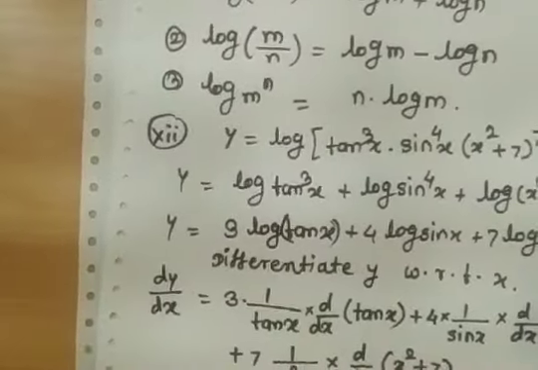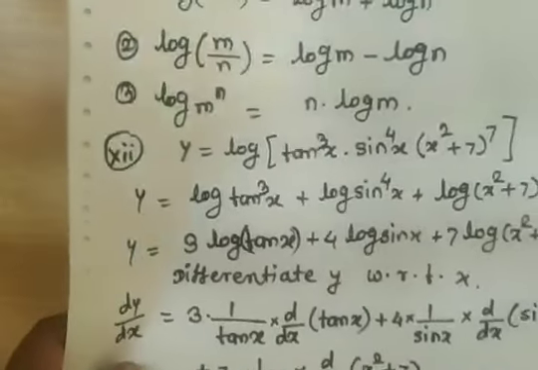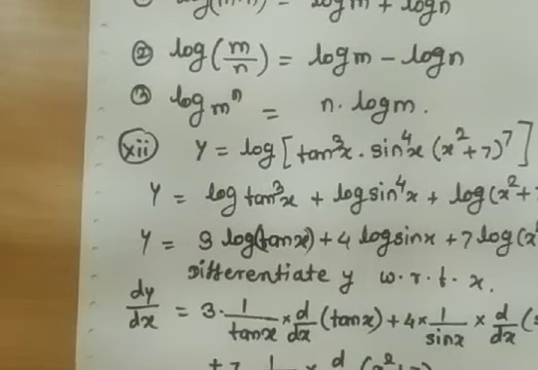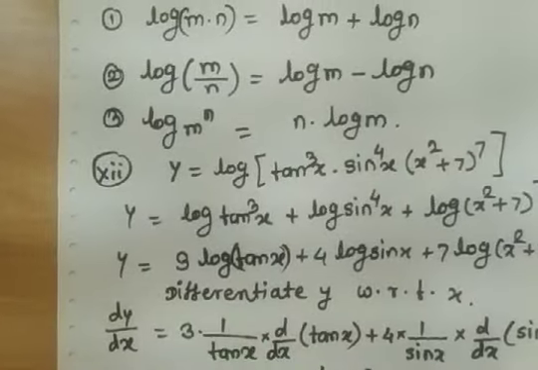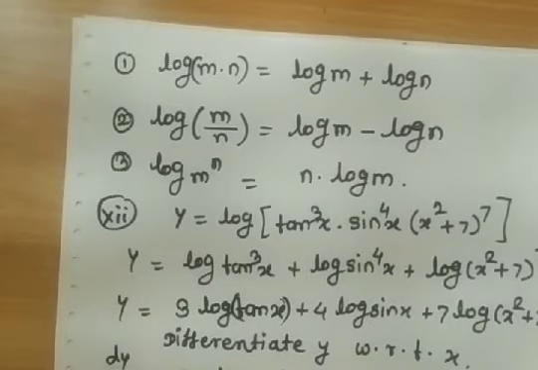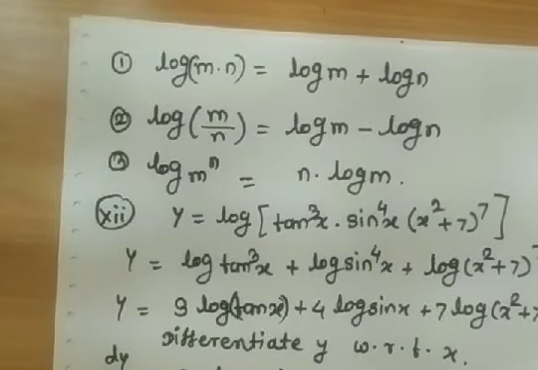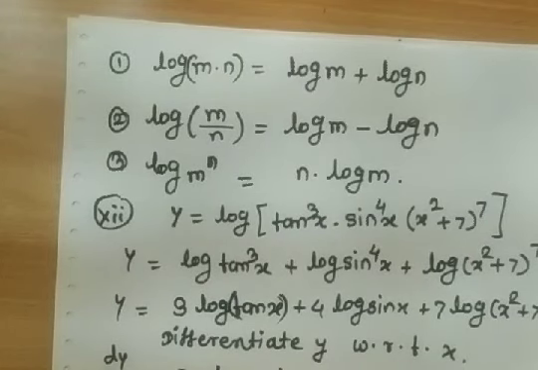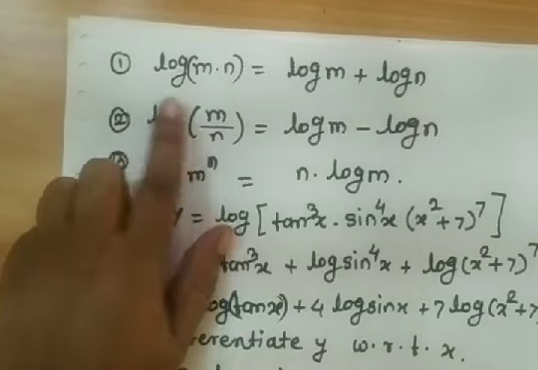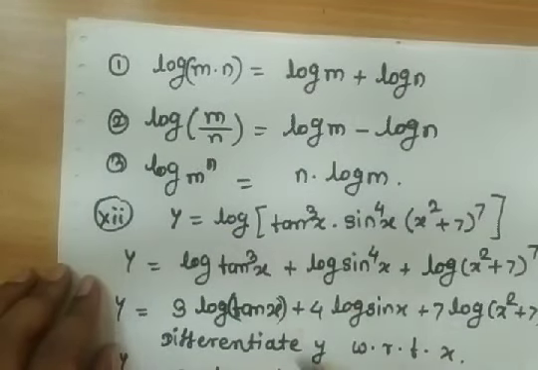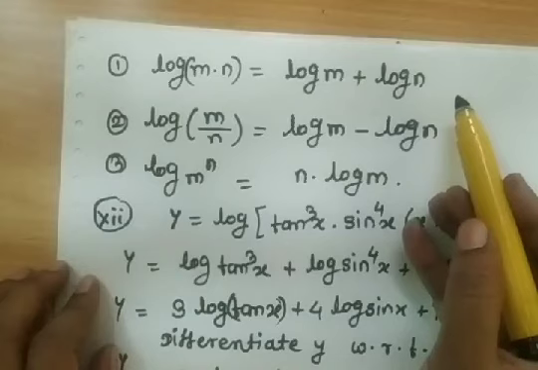Next, going to the 12th example of this exercise, first we go through the laws of the logarithms, that is the first law of the logarithm, log of m into n becomes log of m plus log of n.